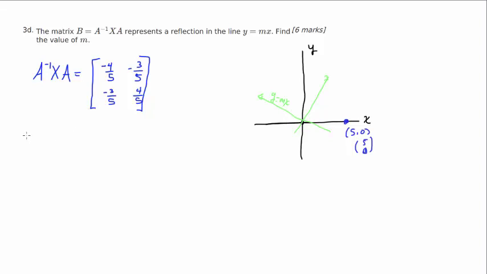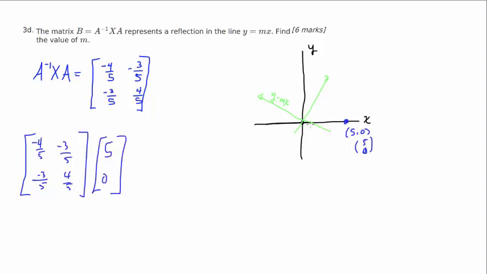So what that means is, and the reason why I've decided to pick it is I will be multiplying it with my matrix, and you can see why I chose 5 and not 1, 2, or 3, or 4, and that is when I multiply, I will get negative 4 fifths times 5, so that will be negative 4 plus 0, and then for my second row, negative 3 fifths times 5 will be negative 3 plus 0.